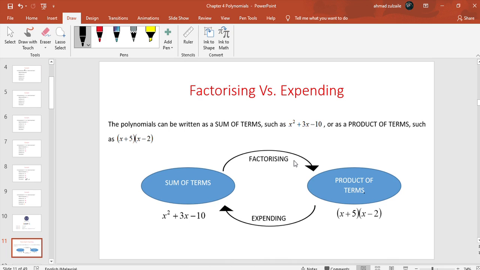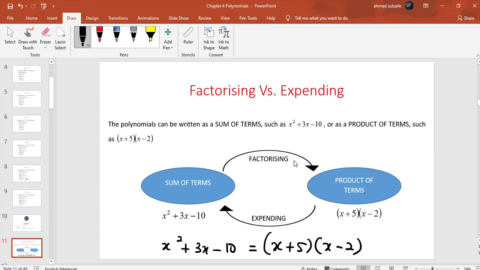So it's like a cycle. Factorizing and expanding is a reverse process, because these two are actually equivalent. So x squared plus 3x minus 10 is actually equivalent to x plus 5 multiplied with x minus 2. The method we call factorizing.